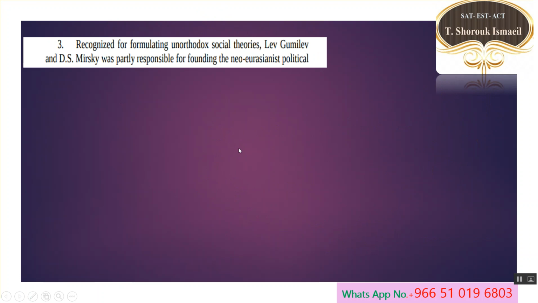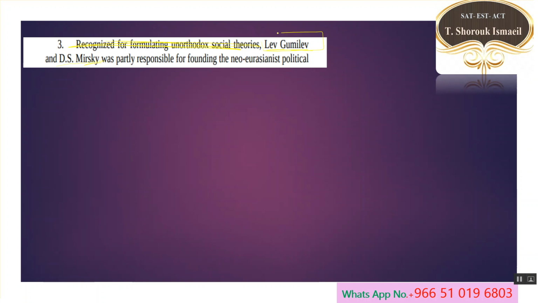Number 3, recognized for formulating unorthodox social theories. All of this I don't need. It's just a phrase. Cross it out. Okay, who am I talking about? Lev Gumilev and Asmersky was.